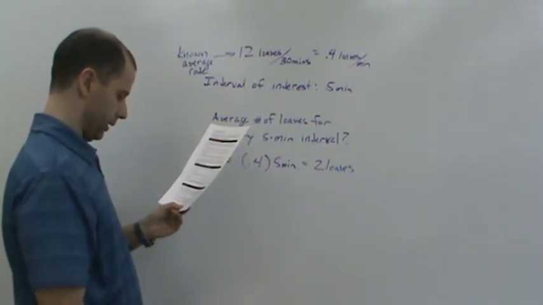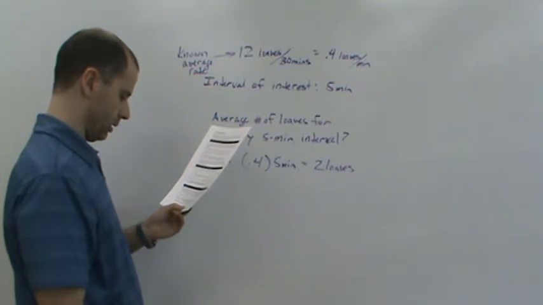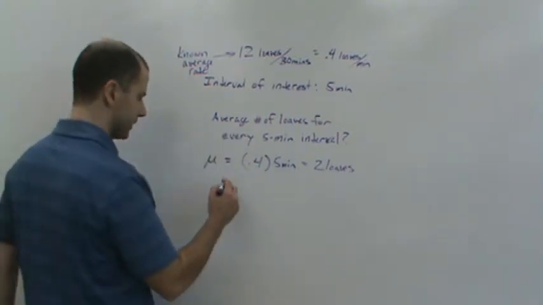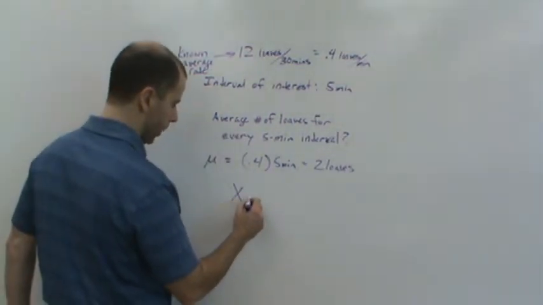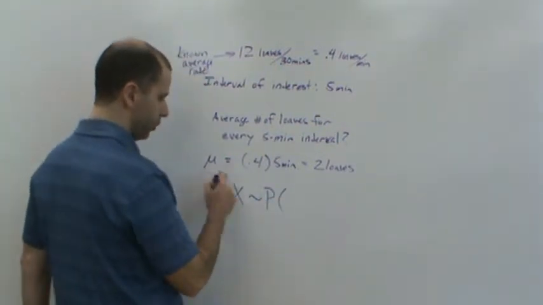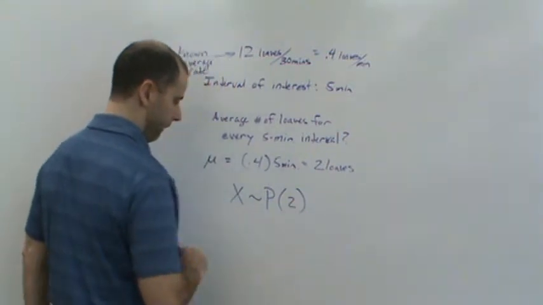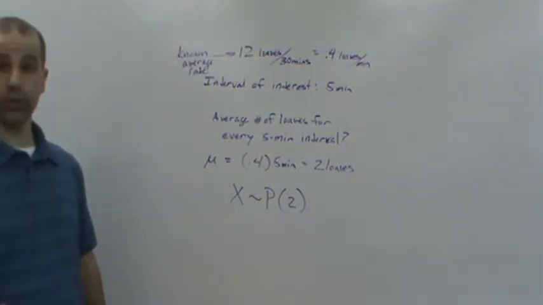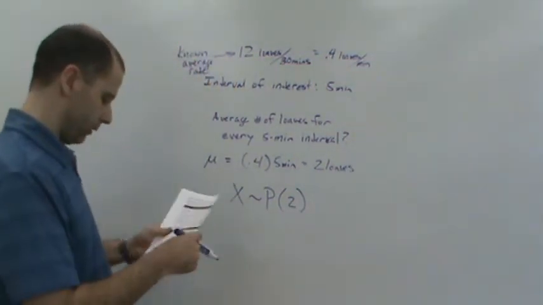So x here would have a Poisson distribution and mu is 2. And that's how we would use the notation. Okay? So now let's go on.